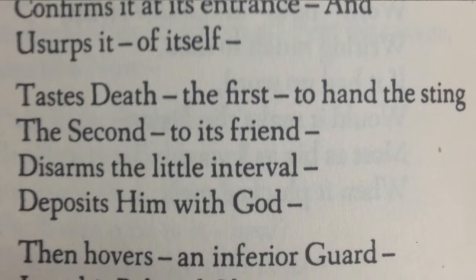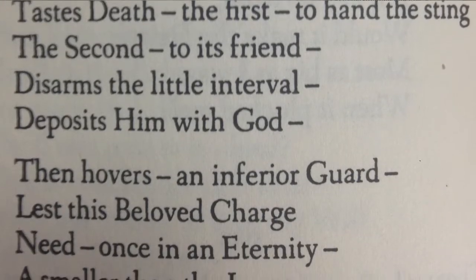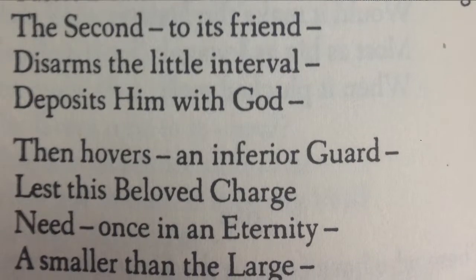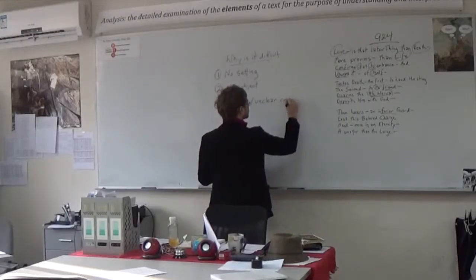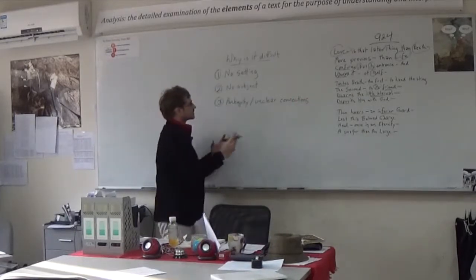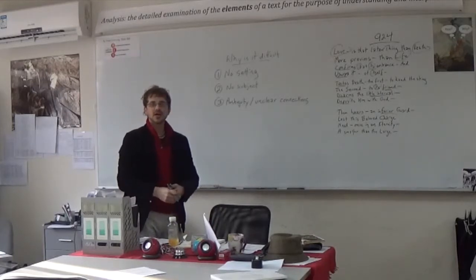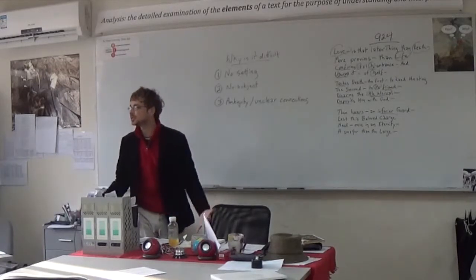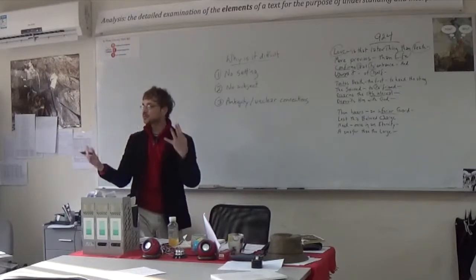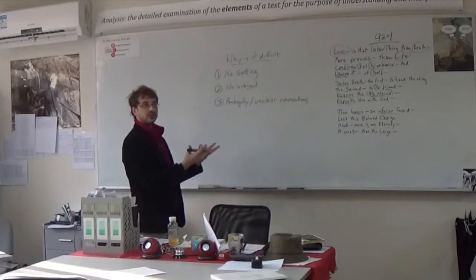These things seem to appear out of nowhere, and there's no clear connections between them. So the third difficulty is this idea that there's just an absence of clear connections. And there is an overwhelming abundance of ambiguity, too many possible meanings to try to assign one coherent meaning to this poem.